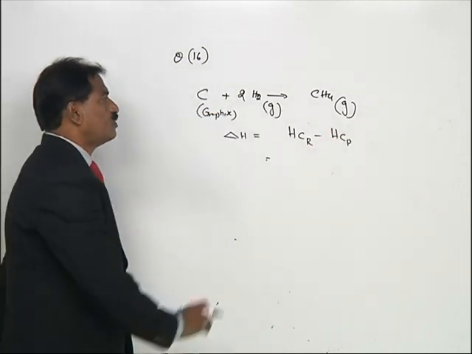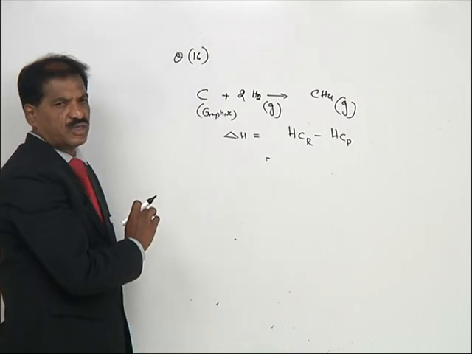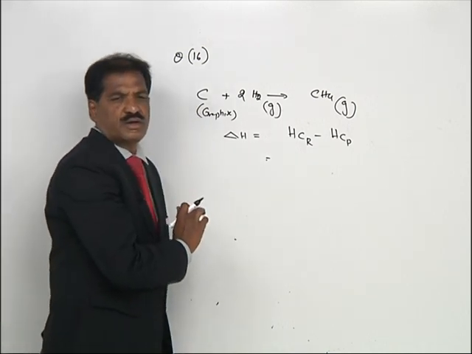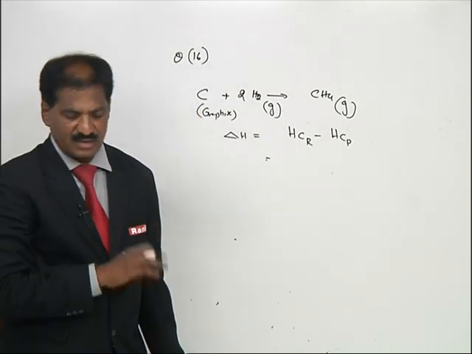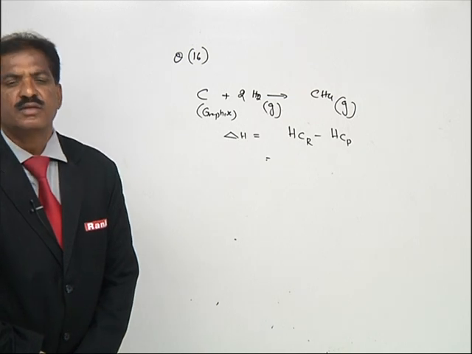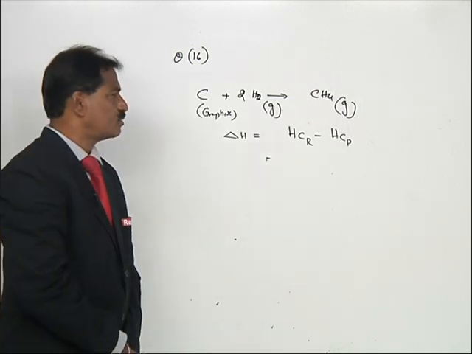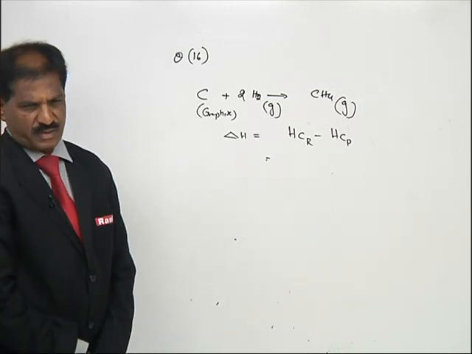Here one reactant is graphite. So the heat of combustion of the graphite, heat of combustion of the methane, graphite, hydrogen.